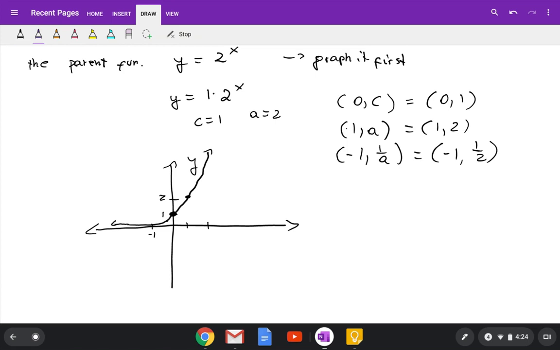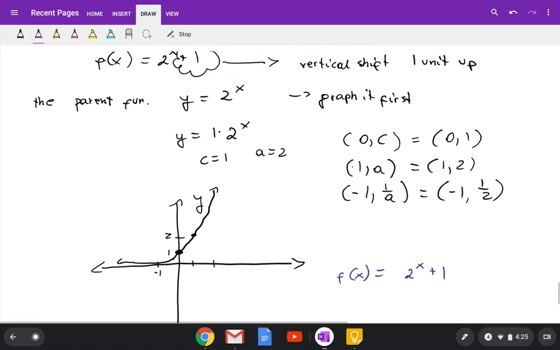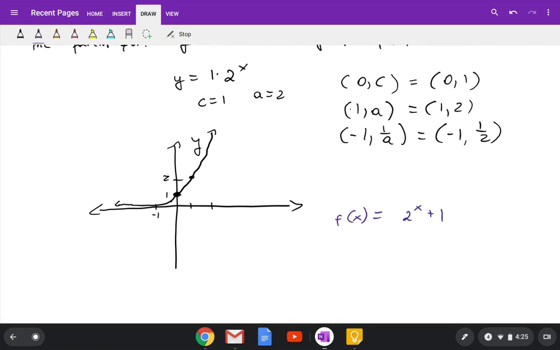And now our transformation, f of x equals 2 to the power of x plus 1. What we're doing is shifting this graph 1 unit up. You're taking each point and moving it 1 unit up. So this point will be here. This point you're bringing 1 unit up, so it will be 1, comma 3. And this point, which was negative 1, comma 1/2, we're bringing 1 unit up, so that will be negative 1 and 1.5.